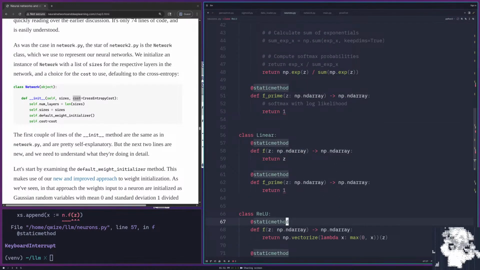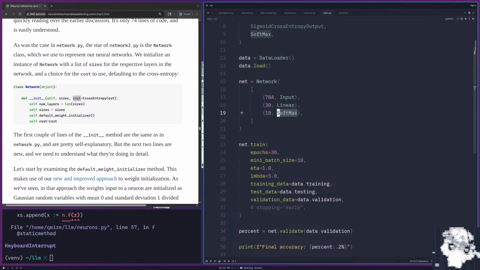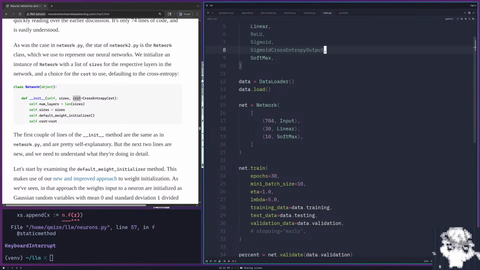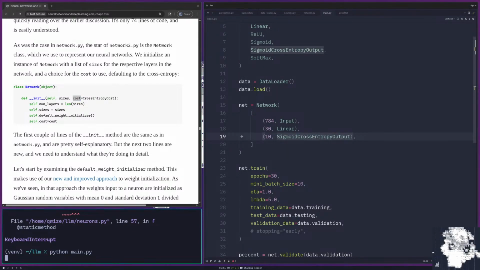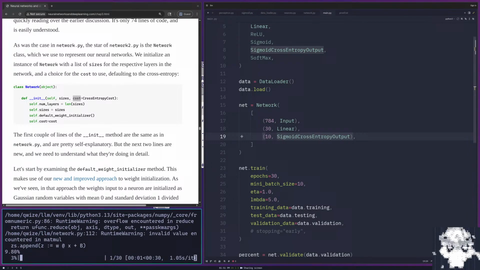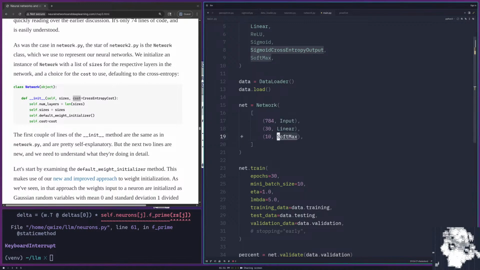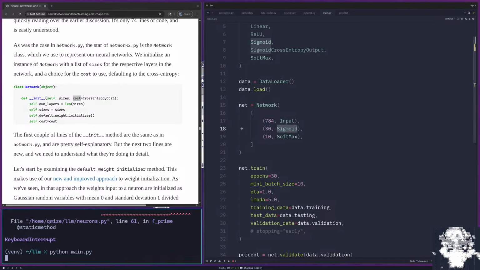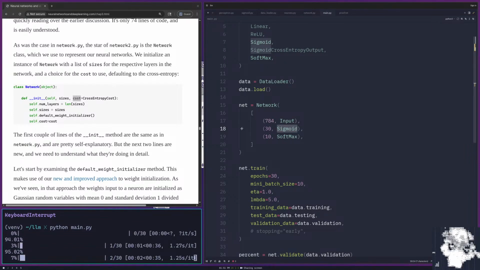That's interesting. And it was with the softmax. So what if you do linear and sigmoid cross entropy? Now you get problems. Weird that the only combinations I've gotten that work are sigmoid and cross entropy or sigmoid and softmax.